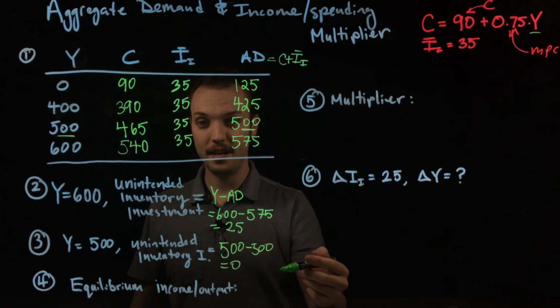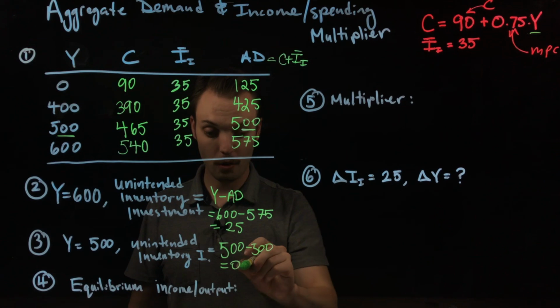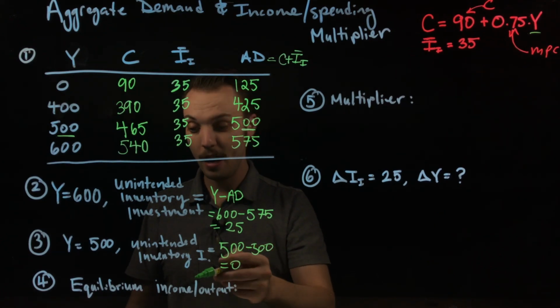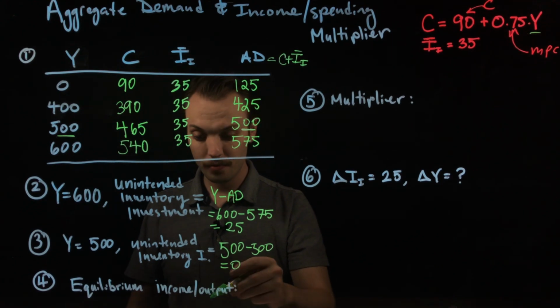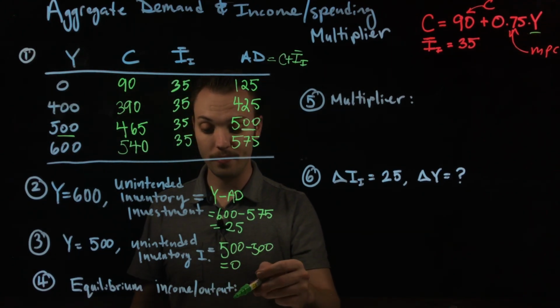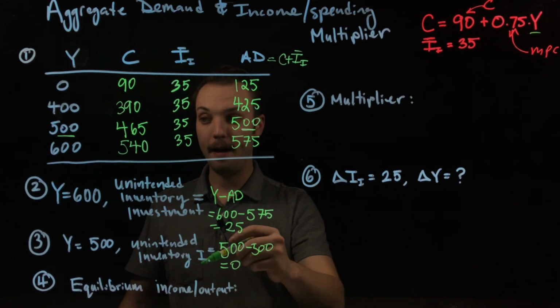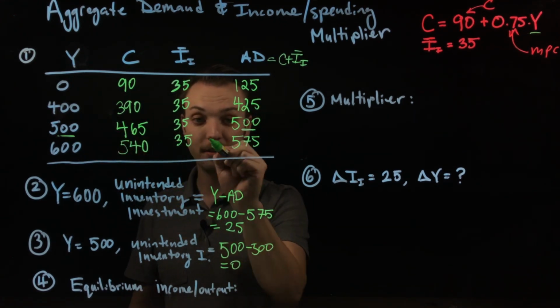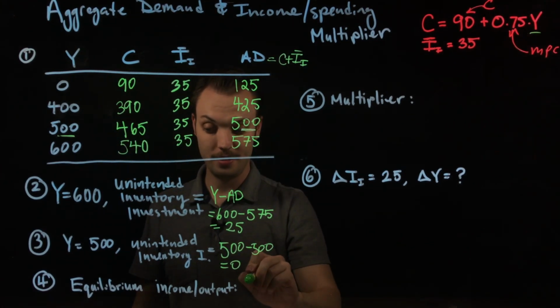So there's no unintended inventory investment. That's all we need to say about that, which is directly related to the fourth part of the exercise. What is the equilibrium level of income and output? We find equilibrium where income equals aggregate demand, where 500 equals 500. So that's the answer to the fourth part.